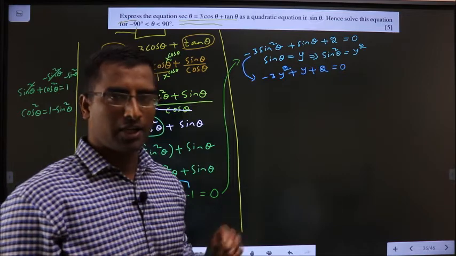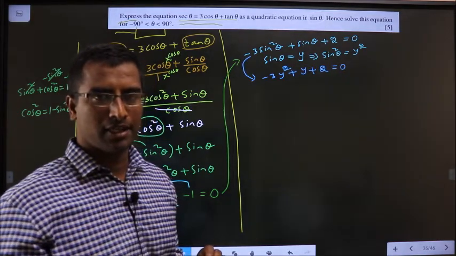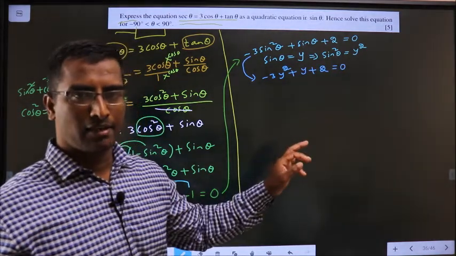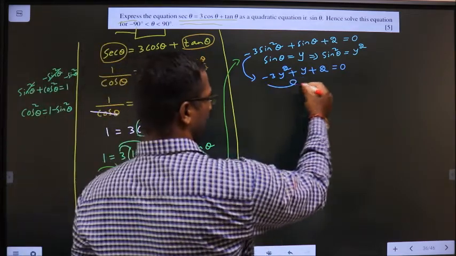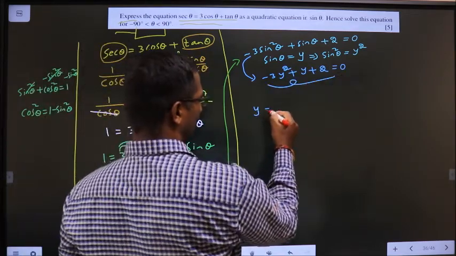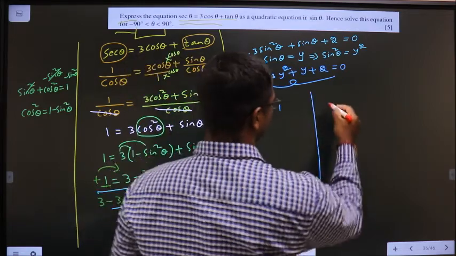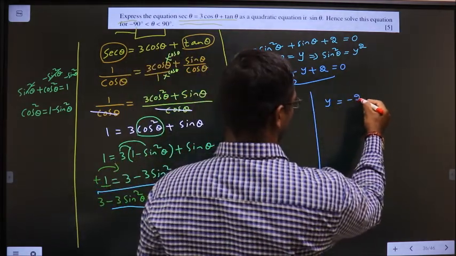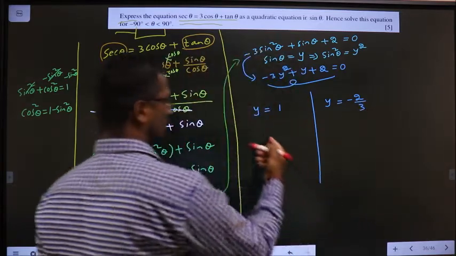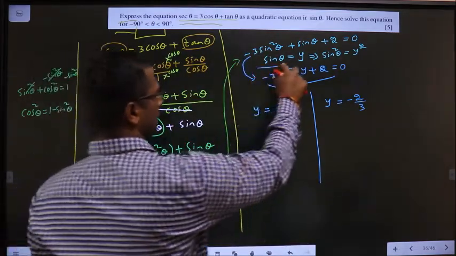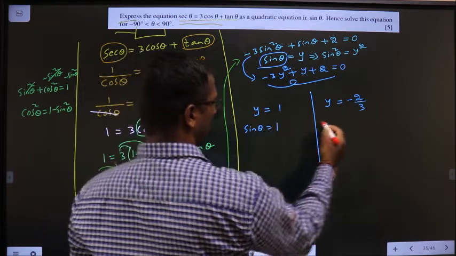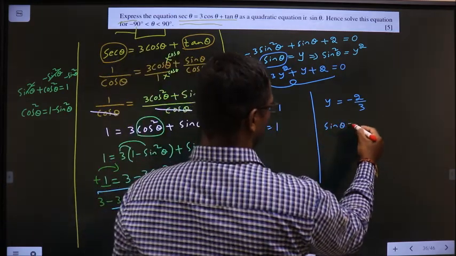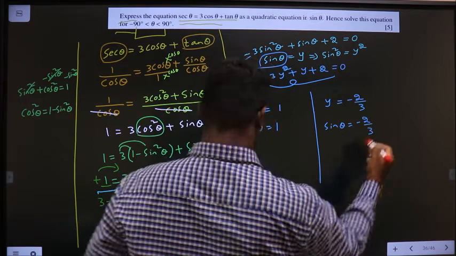We got the quadratic equation. Calculator is allowed. So put this in the calculator to get the values for y. So you get y values to be 1 and minus 2 by 3. Now y is nothing but sin theta. So sin theta equal to 1 and sin theta equal to minus 2 by 3.